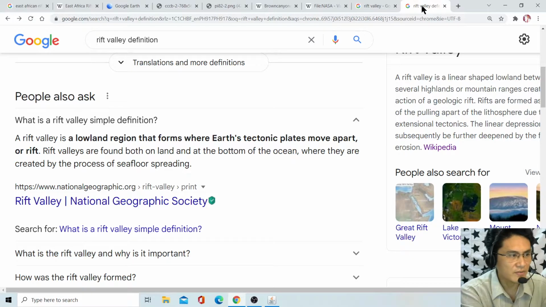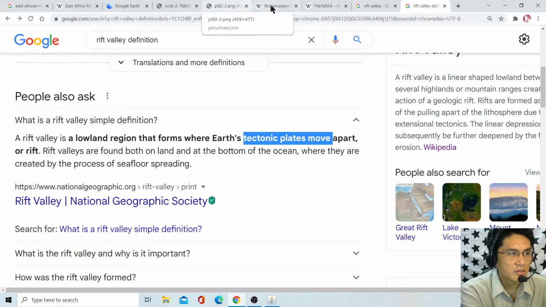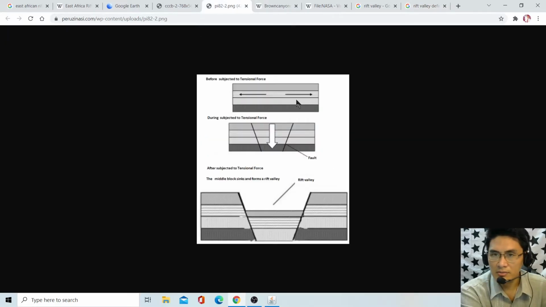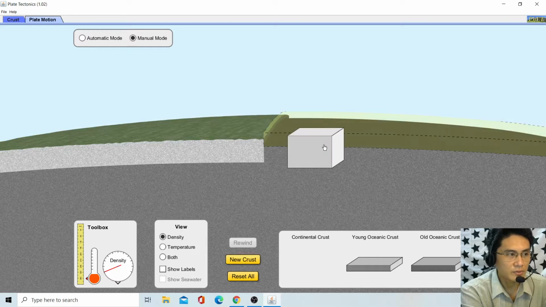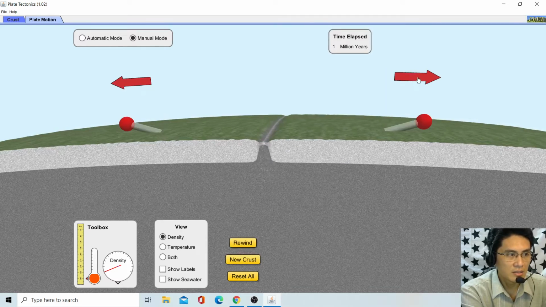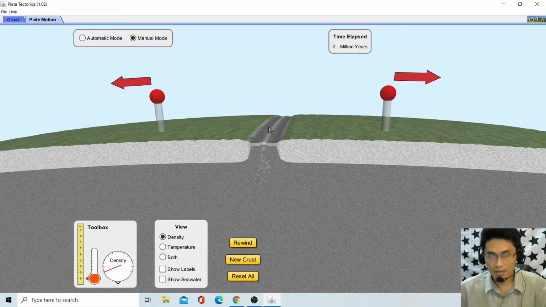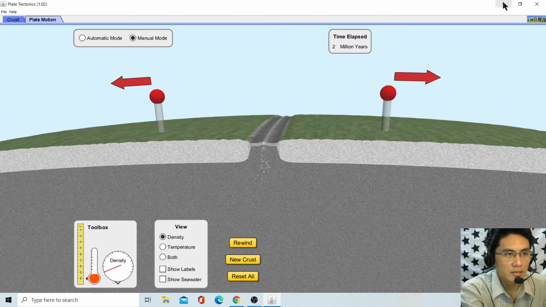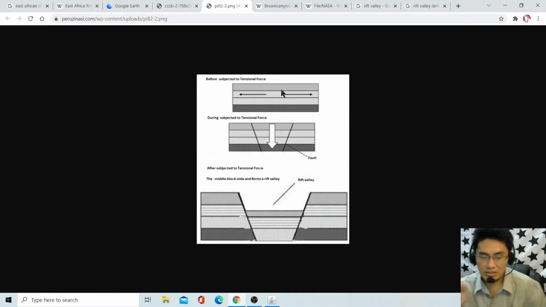Well, again, just from the definition, it's saying that it's because the tectonic plates move apart. Okay, so how does this work? Well, I have here an animation. Okay, and let's have two crusts, and then when they move apart, see a depression is formed at the middle, right? And if we are going to look at it slower, what really happens is this, where this is one plate, originally one plate, right?